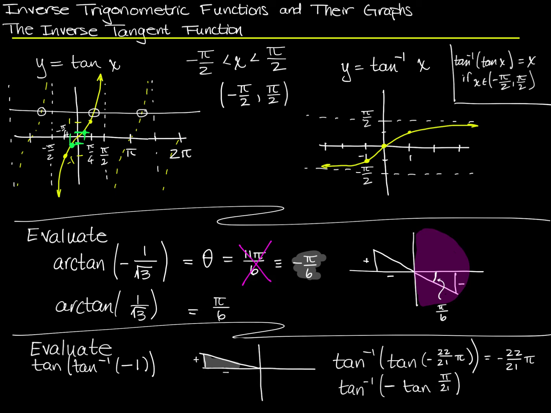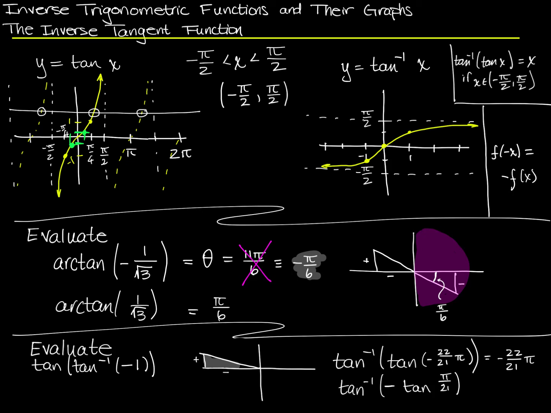Ultimately, what I'm getting at is that tangent is an odd function. And remember that the definition of an odd function is that, I'll put it in this box here, a function evaluated at negative x is equal to the opposite of f of x.